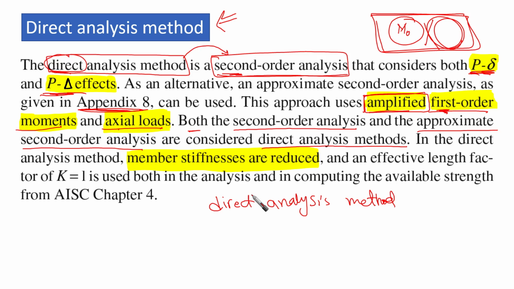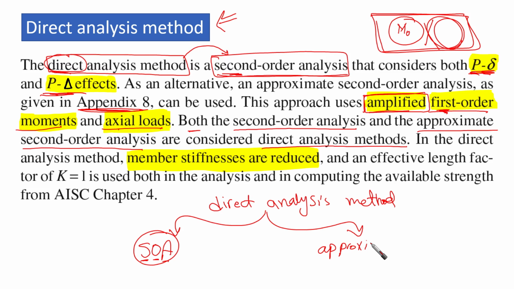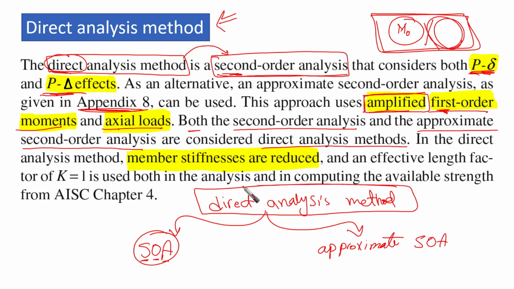The first one we call second order analysis, and the other one is approximate second order analysis. They are under the same title. This is the main method that we should use. This is an alternative method that you can use. This is in Appendix 8.